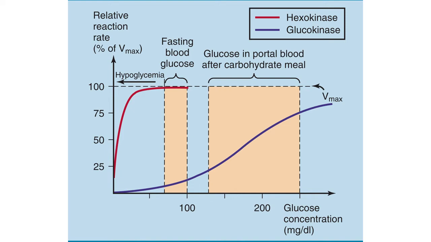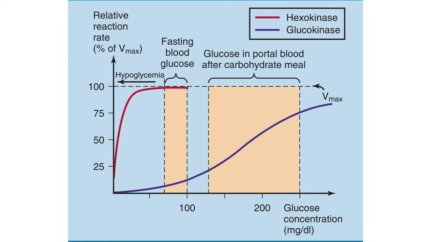You will observe that the maximal effect of hexokinase is observed at a lower amount of glucose. So that means even at a glucose concentration of 100, that is relatively low, hexokinase will already be active. Hexokinase will already attach phosphate to glucose molecules even at a lower concentration of 100.